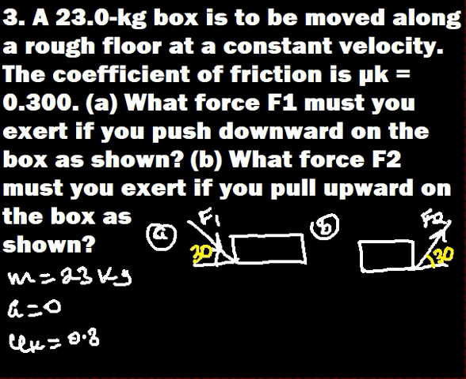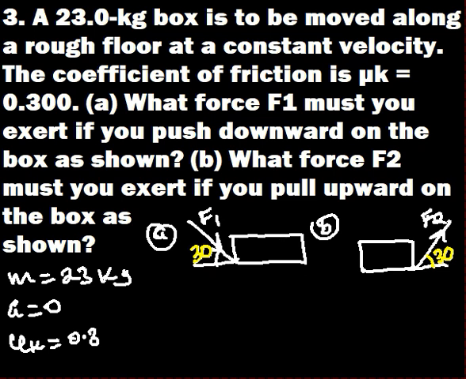Now the first question says, what force F1 must you exert if you push it downward on a box as shown in figure A? So what is the value of the force F1 that must be exerted as the object is being pushed like that?